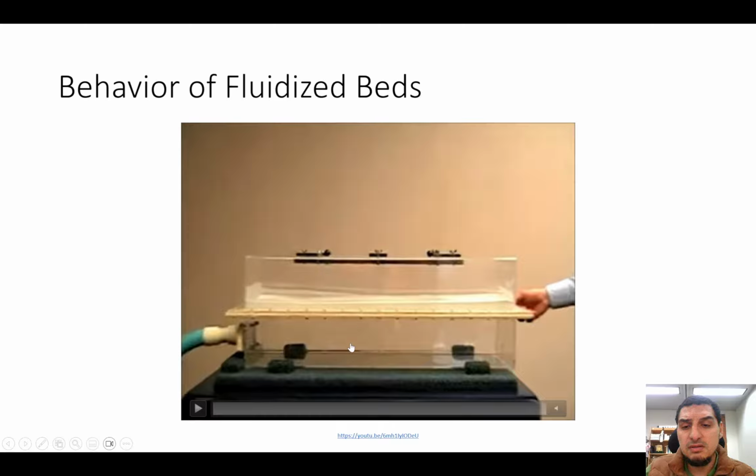When this compressed air is flowing here, there will be no place for the air to go except through these small pores to leave from the top chamber. So this is just to fluidize the bed.